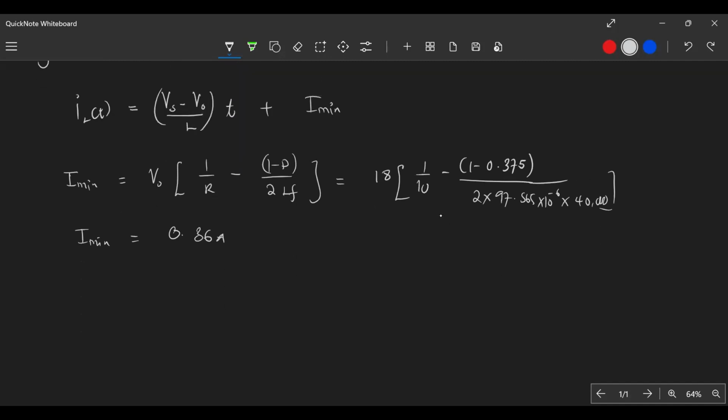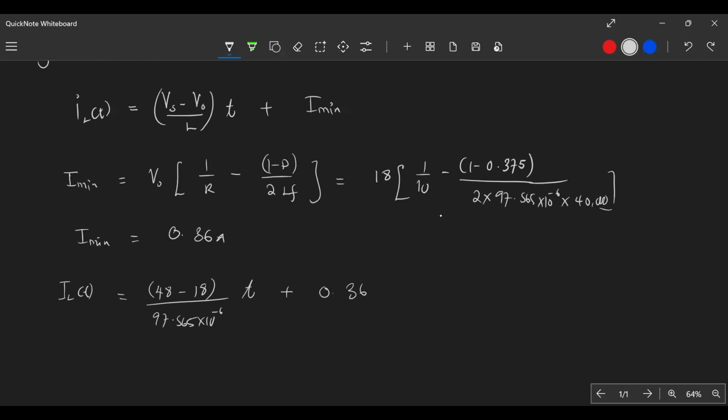So now we can plug those values into the equation. The inductor current is equal to Vs 48, minus Vo 18, divided by the inductance, 97.565 times 10 to the power negative 6, times t, plus Imin 0.36.